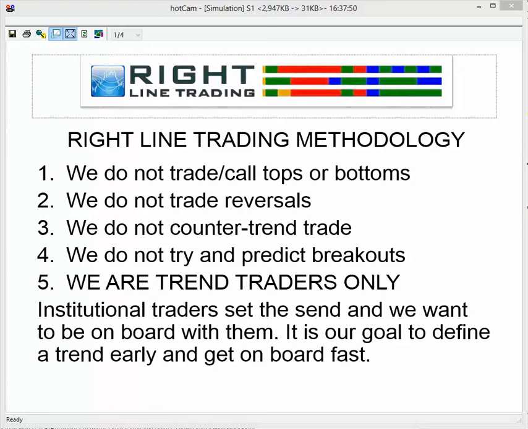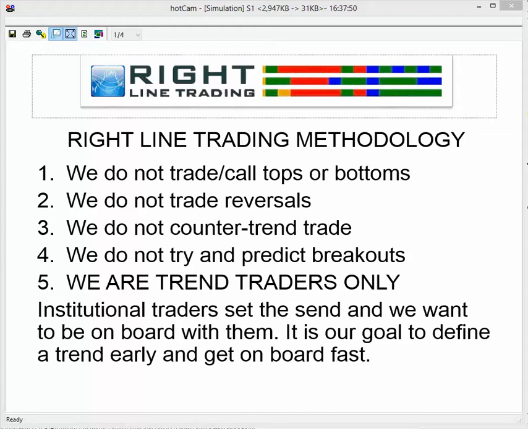Our philosophy is we do not call tops or bottoms. And I don't believe that any software has the capability of doing it. I mean, I've looked at every single indicator ever created. They really are all variations of either an oscillator, such as relative strength, stochastic, the CCI, or they're a variation of a MACD-based system. There are no other mathematically defined indicators.